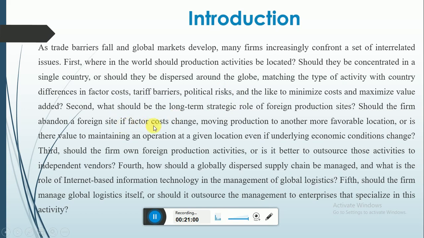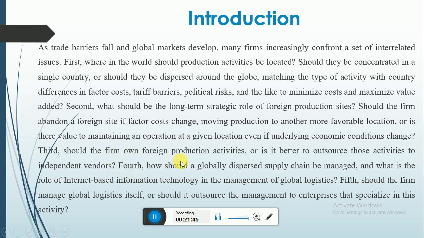Should the firm abandon a foreign site if factor costs change, moving production to a more favorable location, or is there value in maintaining an operation at a given location even if the underlying economic conditions change? If there is any factor change or economic change, will you be able to move the production to another location, or will you stay in the same country? That's the question you need to answer yourself. If there is a problem, a high tax, or if I can't survive, and I don't have any other option, definitely I must leave the country and go to another country.